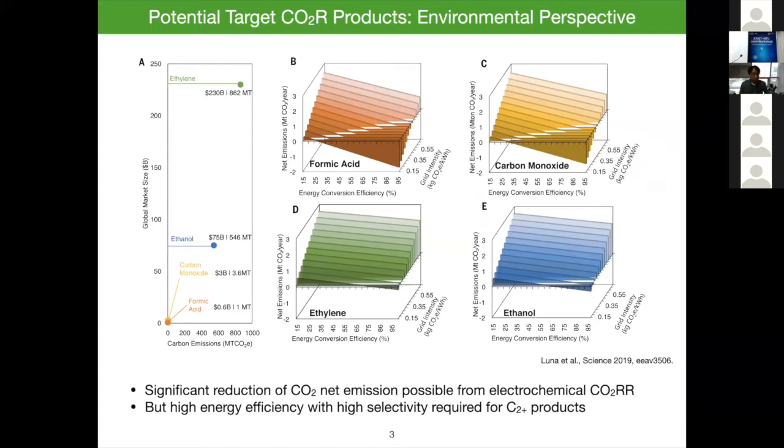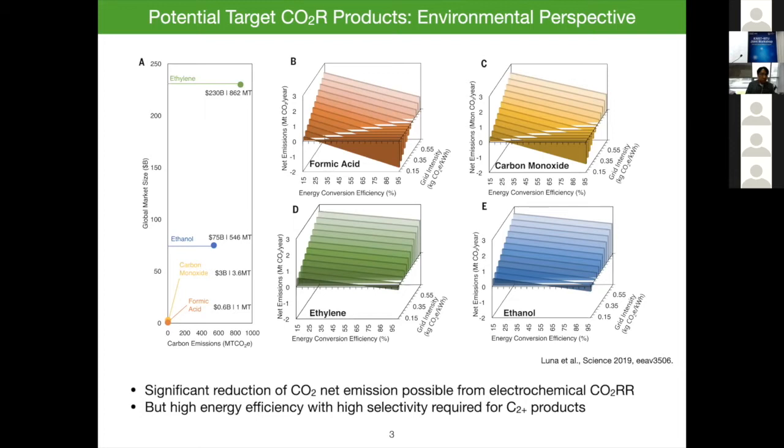This figure shows the life cycle analysis of electrochemical CO2 reduction. For example, figure A shows the global market size of ethylene, ethanol, carbon monoxide, and formic acid versus the carbon emission from the conventional processes to produce these molecules.